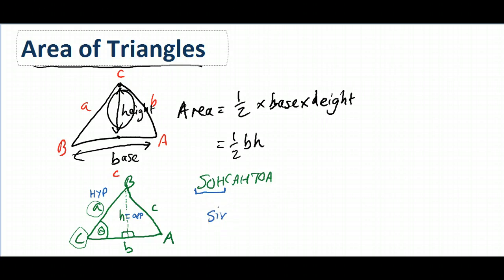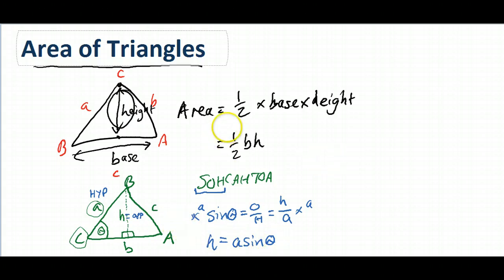It'd be sine theta equals the opposite over the hypotenuse, which in this case the opposite is H and the hypotenuse is A, side A. If we rearrange that to find H, we multiply both sides by A, and we end up with H equals A sine theta.